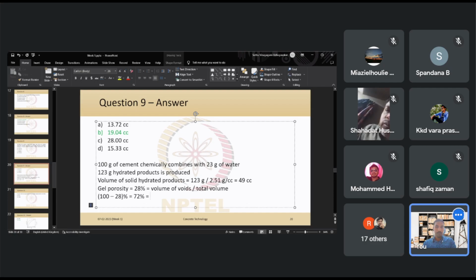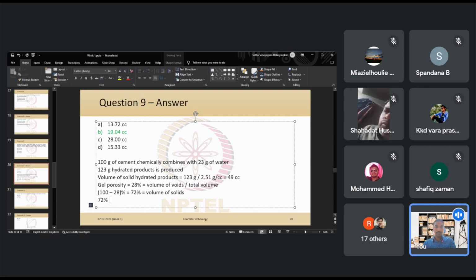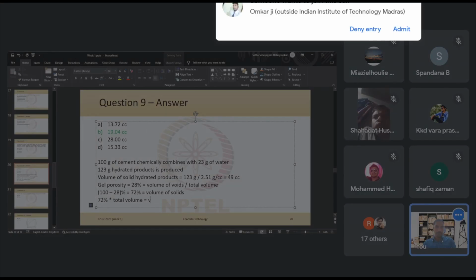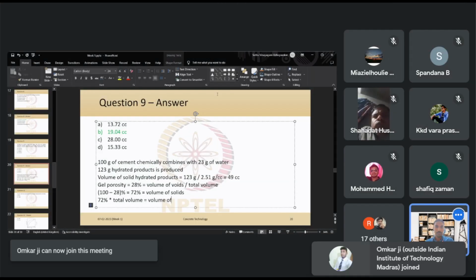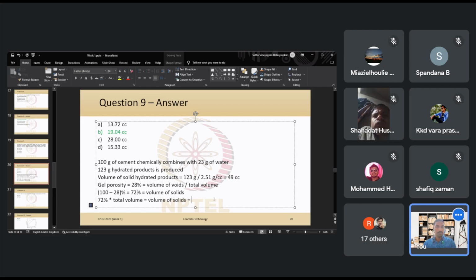is the volume of solids. So the 28% is pores, so the remaining percentage must be the solids, which means 72% of the total volume is the volume of solids. And what is the volume of solid? We have already calculated that to be 49 cc.